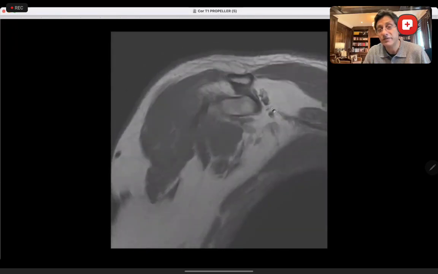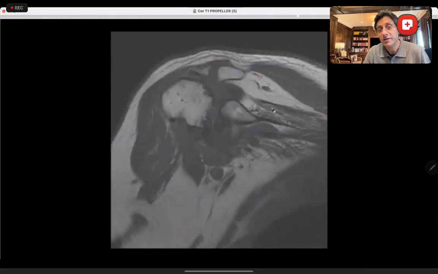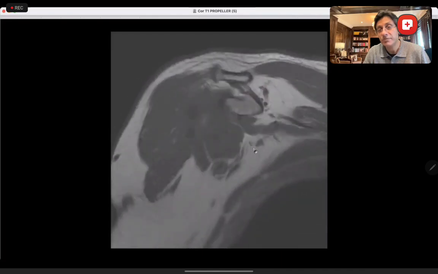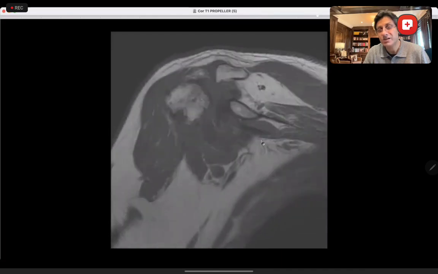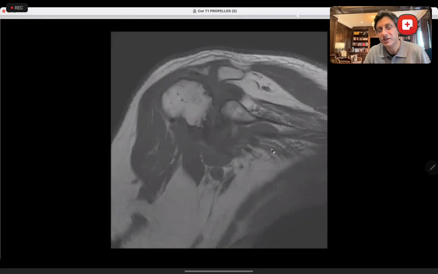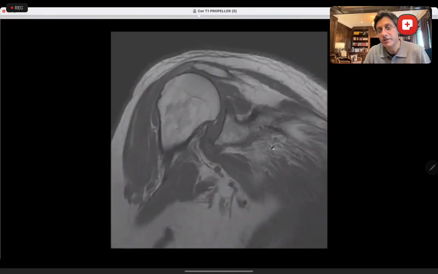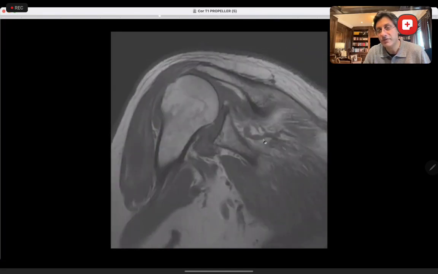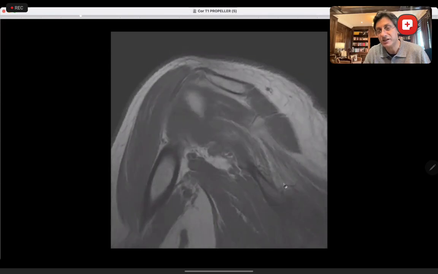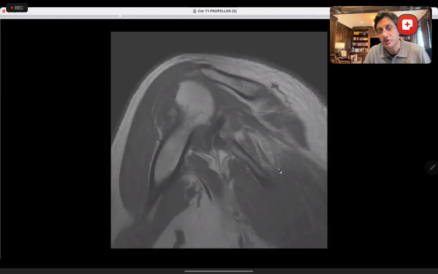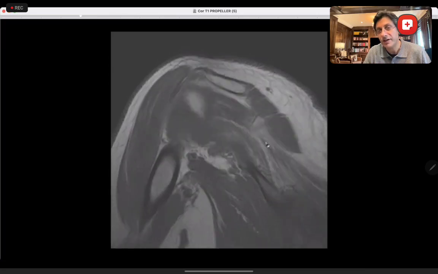If we come at the front, see if we can see the subscap. So again, the subscap probably looks a bit fatty. Difficult to say where it stops, but I think there is a bit of fat atrophy of the subscap as well. So this is subscap, then we have the scapular body, and then the infraspinatus. So this is the infraspinatus, which has got fatty atrophy.